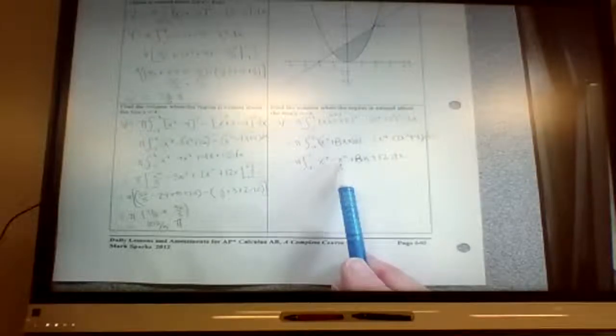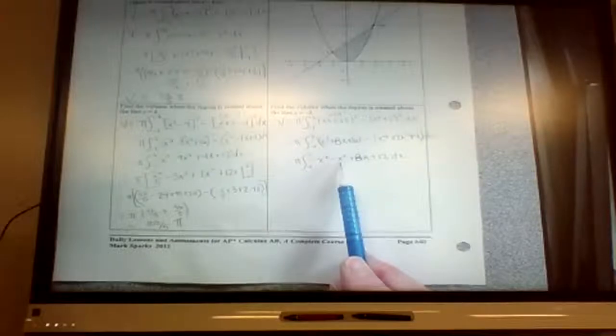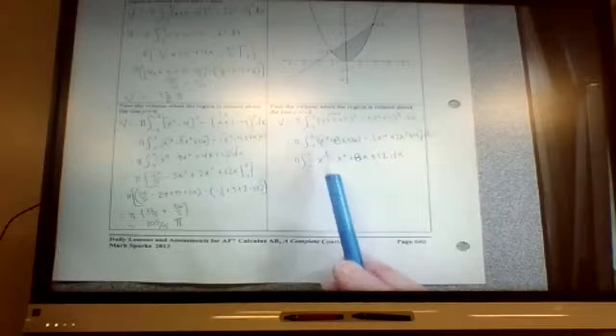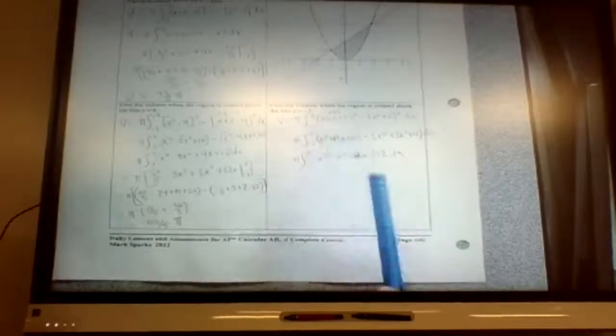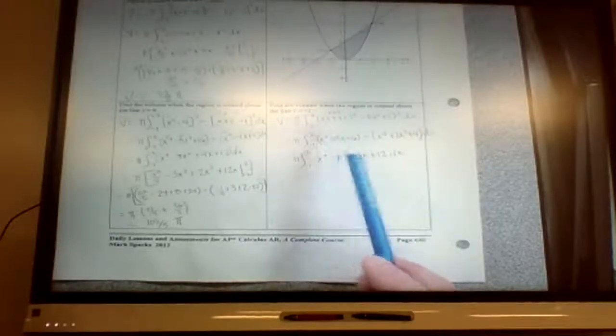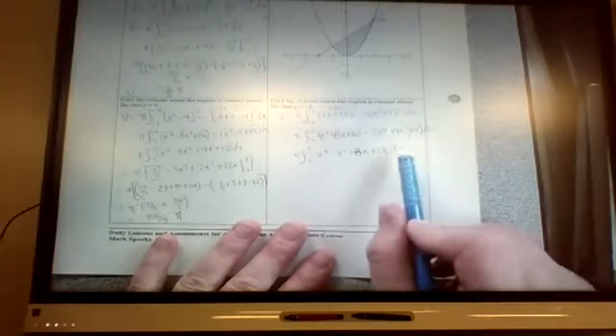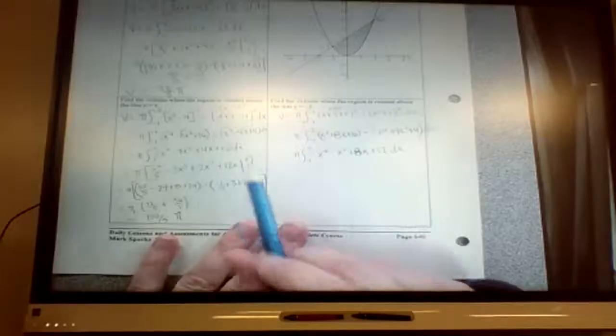I messed this up so bad. Is that not x to the 4th plus 4x squared? Yeah, it is. That should be a 4. And that should be plus 4x squared.